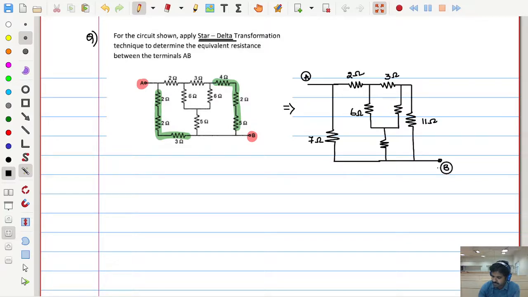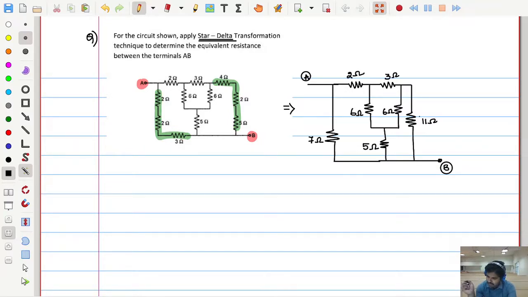Now try to observe. Do we consider every element? These two green color shaded parts are made into a single resistance. One side is 7, other side is 11. Now see, is there any parallel or series again?